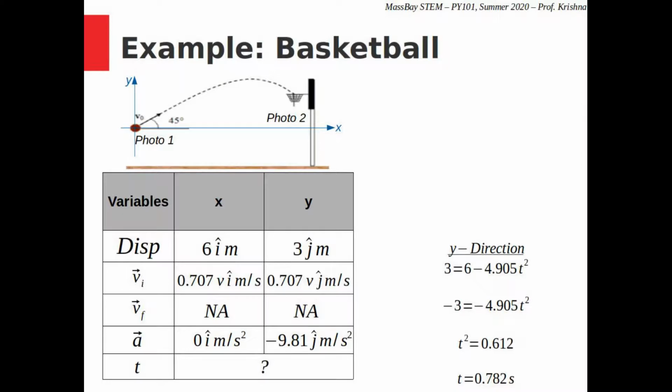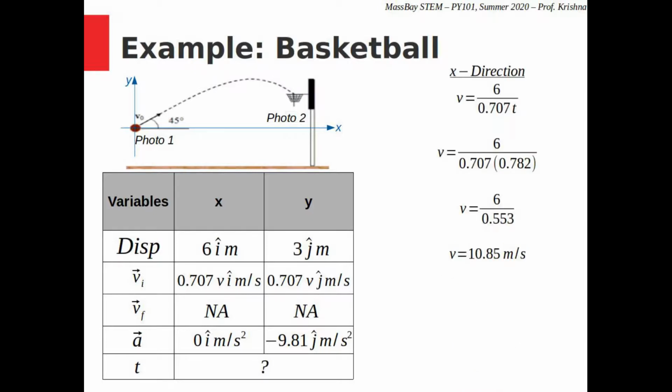We can easily solve for the time. The time is 0.782 seconds. It takes 0.782 seconds for the ball to land in the hoop. And since in the x direction we have a simple relationship between v and t, we can solve for the size of the initial velocity, the speed of the throw.